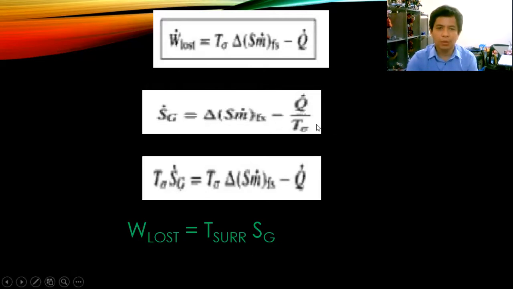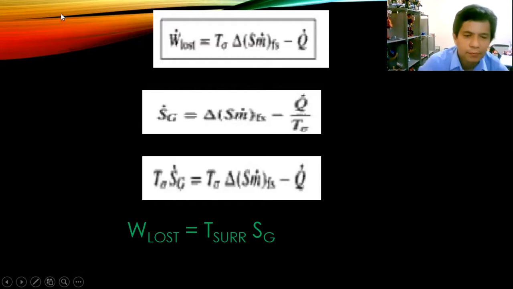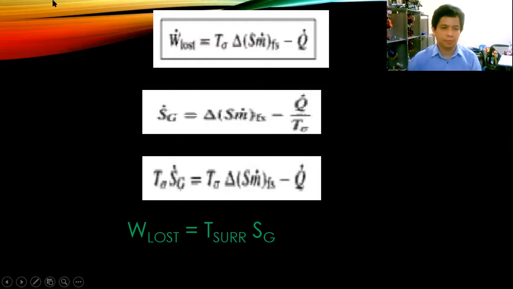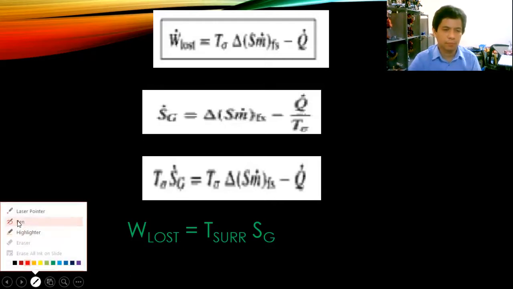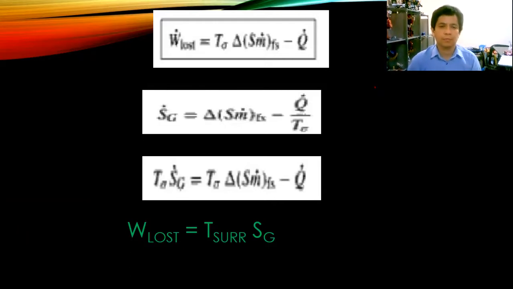If I'm going to multiply the second equation with T surrounding, or sigma, we're going to have T sigma times SG.